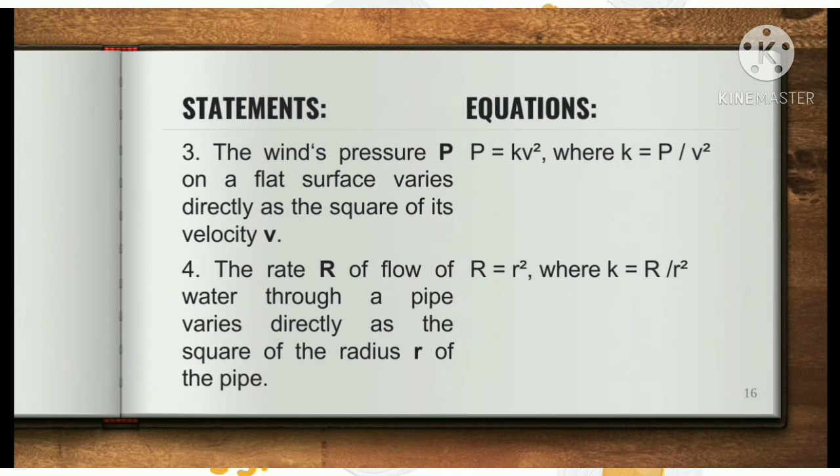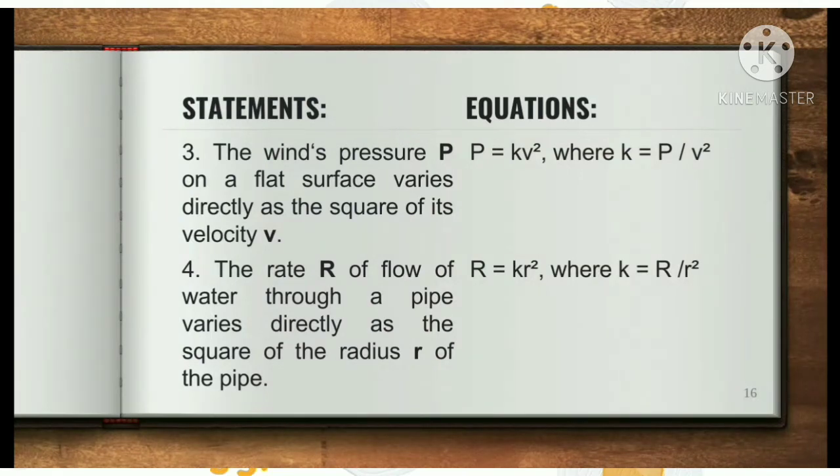As you can notice, the first variable that we have mentioned has been isolated at the left side of the equation, while the second variable, v, we square because according to the statement, the square of its velocity. That is why we have v squared and then we multiply it by k, where k is equal to P over v squared. Okay?